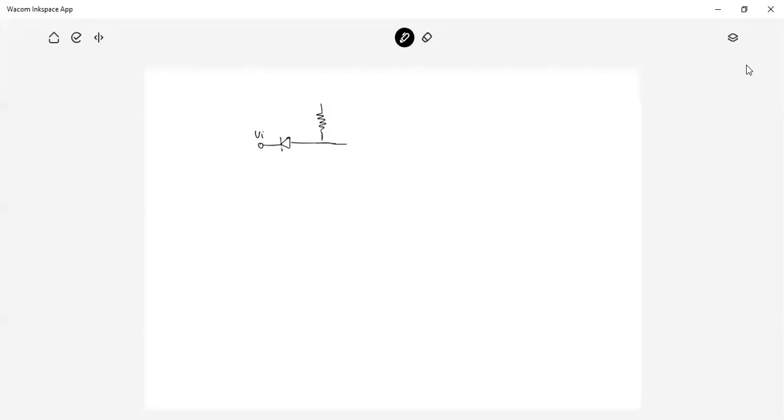In place of D1 we have a transistor, and this transistor's emitter is connected to diode D2, which is connected to the transistor.